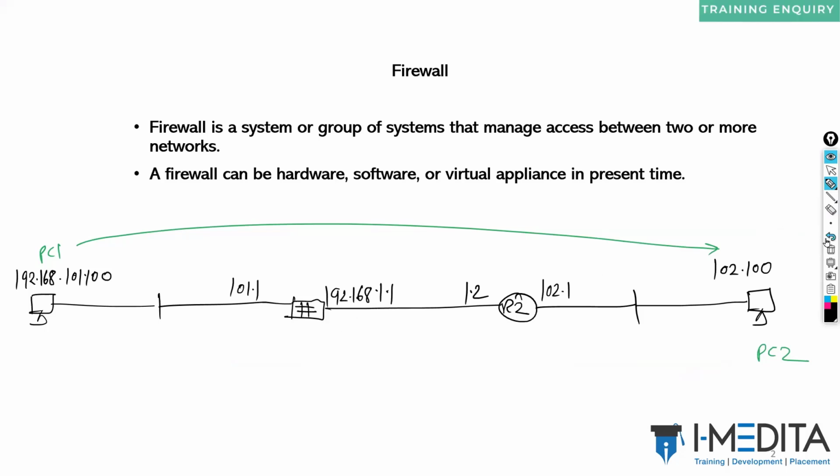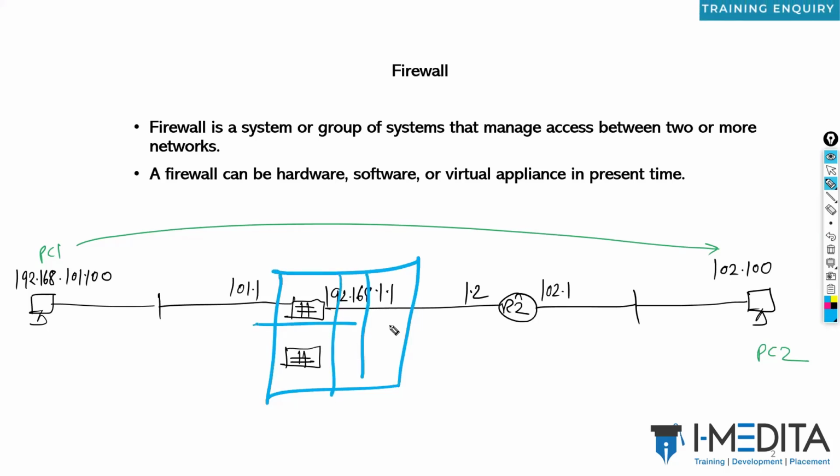If one firewall goes down, then we will use two firewalls here and we will group them. So these two firewalls will work as a single device. Now what will this firewall do? This firewall will allow the traffic.